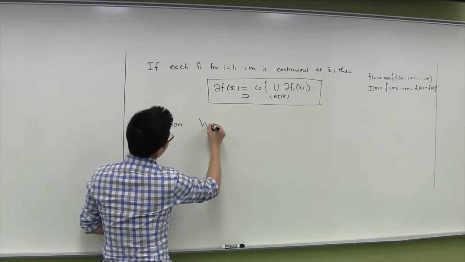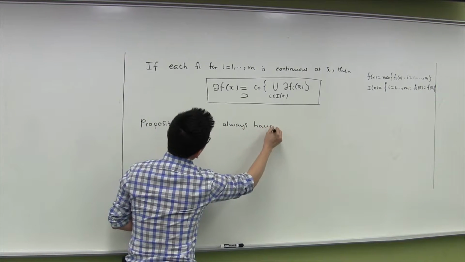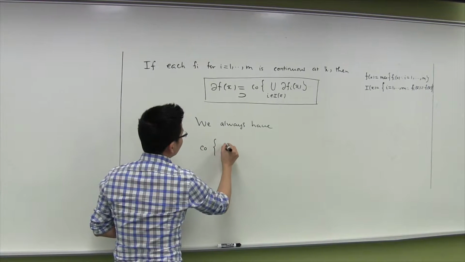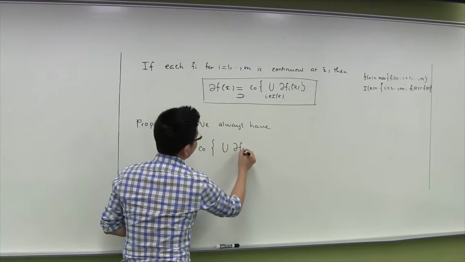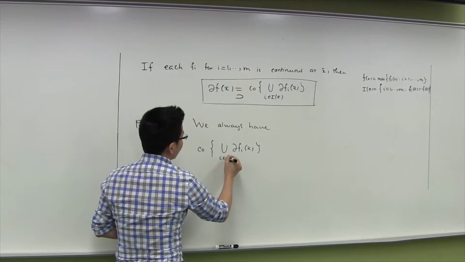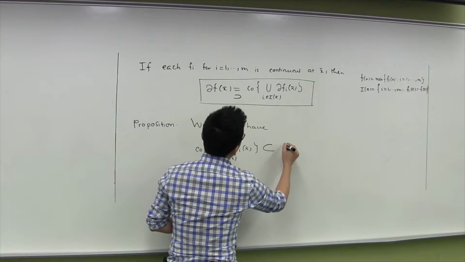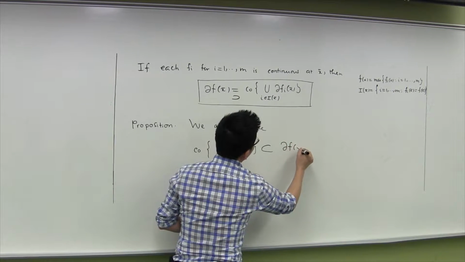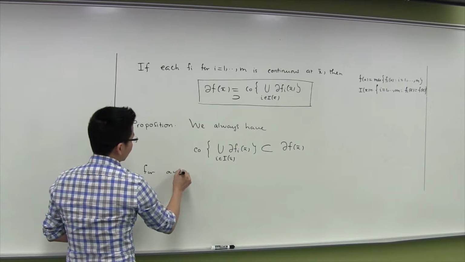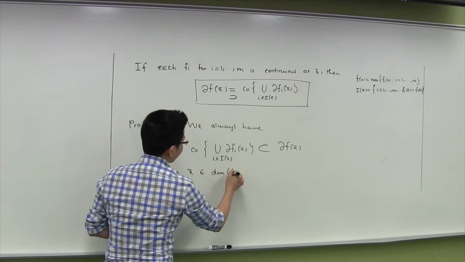We always have the convex hull of the union of the subdifferential of fi at x bar, where i runs in the active index set at x bar, is a subset of the subdifferential of f at x bar for any x bar in the domain of the function f.